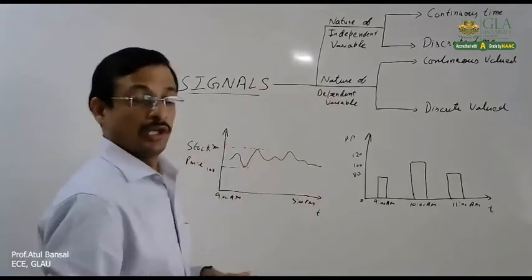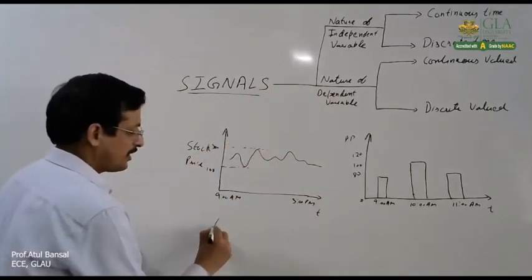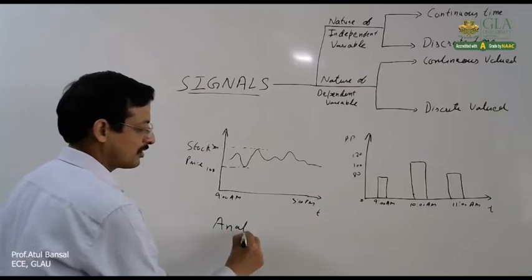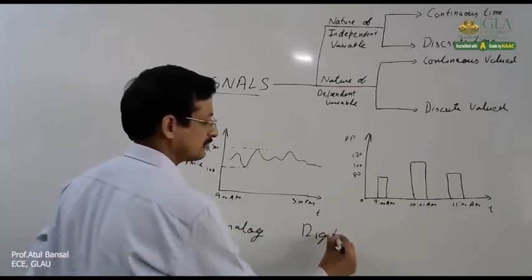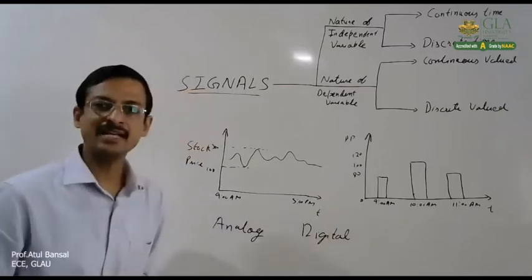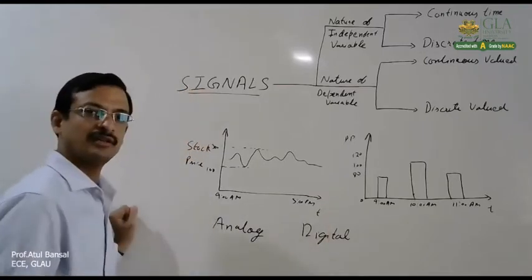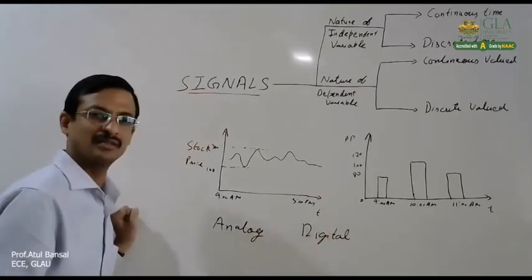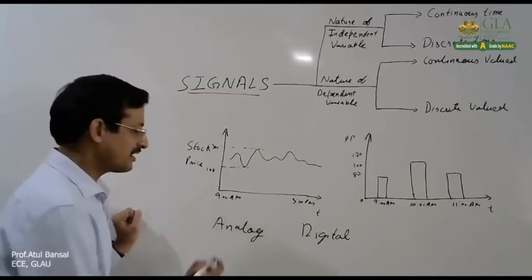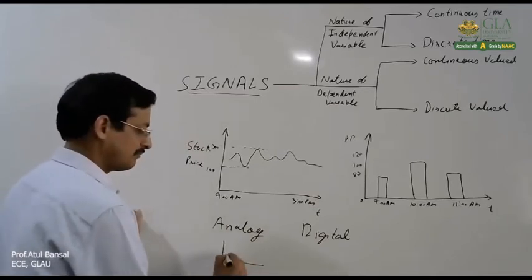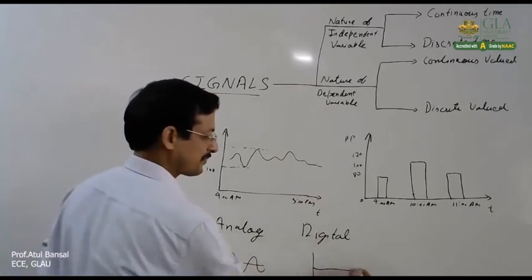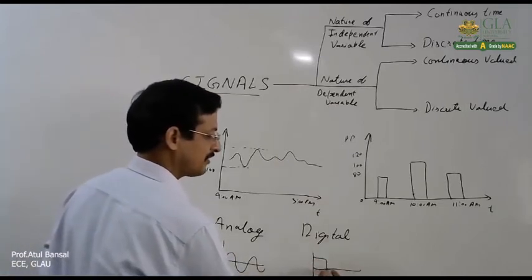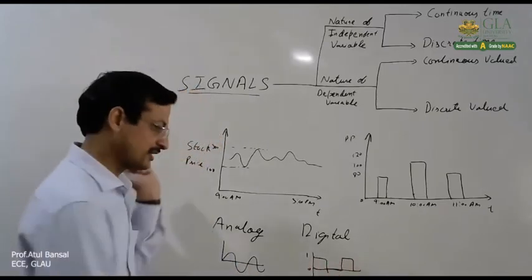Now, earlier you have heard of two very important signals: analog and digital. When we ask anybody what you mean by analog signal and digital signal, some of the general answers are that a sinusoidal signal is an analog signal, and any signal which has values 0 and 1 is a digital signal.